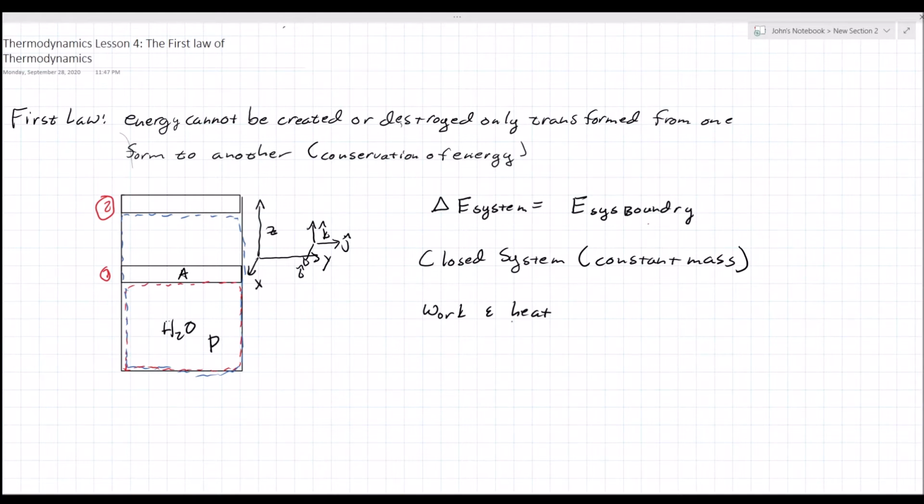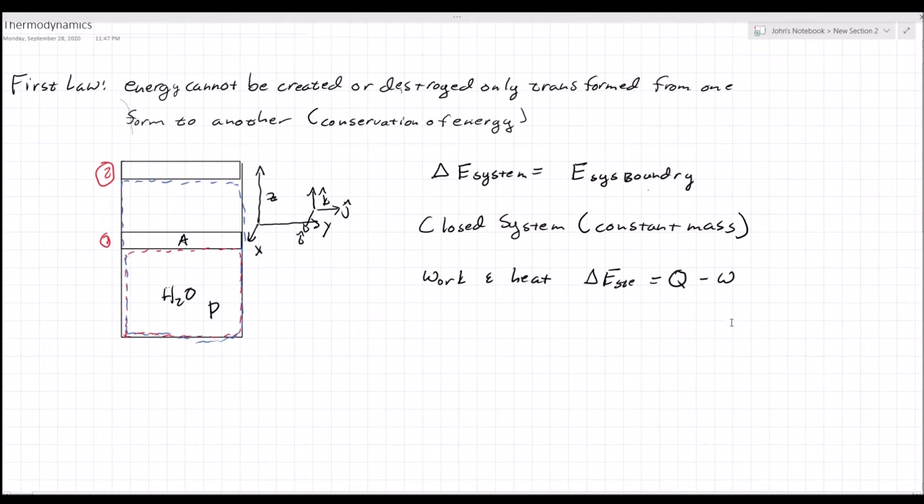And if you're pumping heat into the fluid, you're giving energy into that fluid. You're adding to it. So your equation would be that the change in energy of your system would equal the heat pumped into the system minus the work done by the system, or by the fluid.